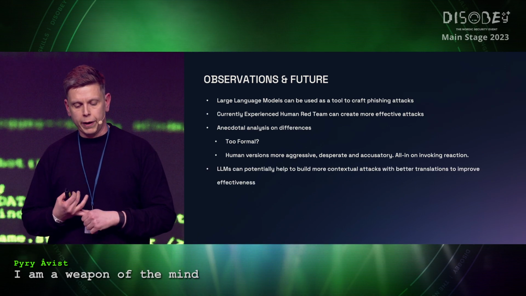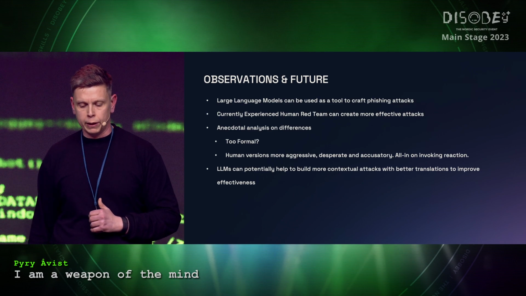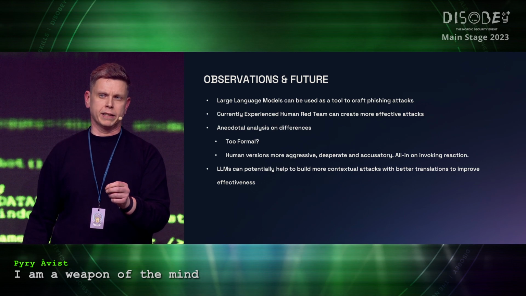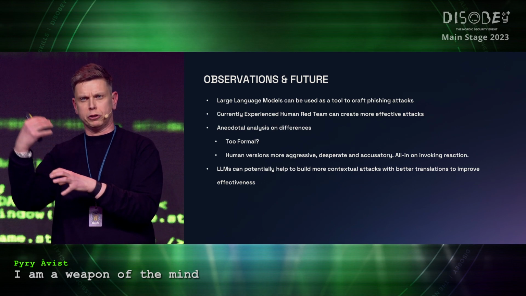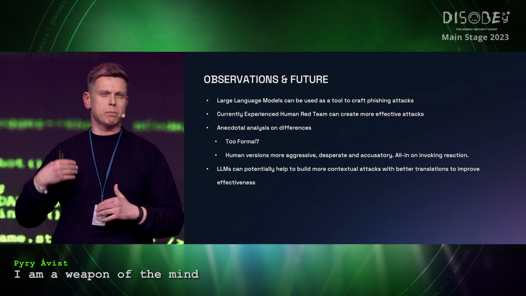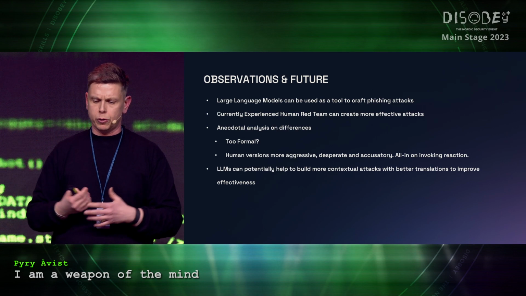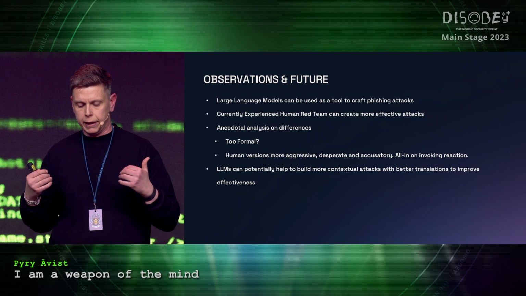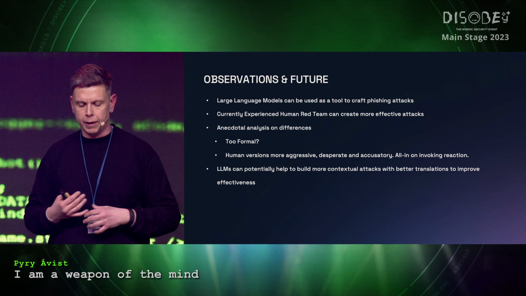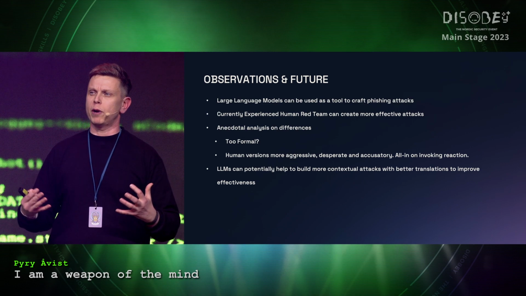One other very interesting area which we are definitely looking at is how you can use these to create much more contextual attacks. So you feed some information about the target and potentially use these to create better translation, especially in the countries where English isn't the first language you speak. We all have seen, at least in Finland, poorly translated attacks.